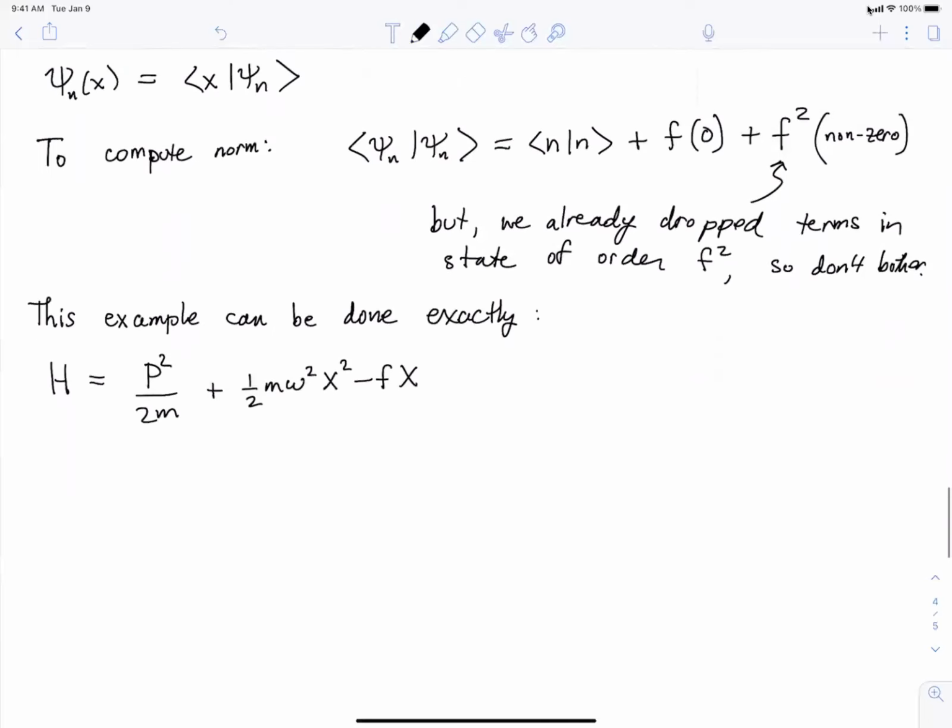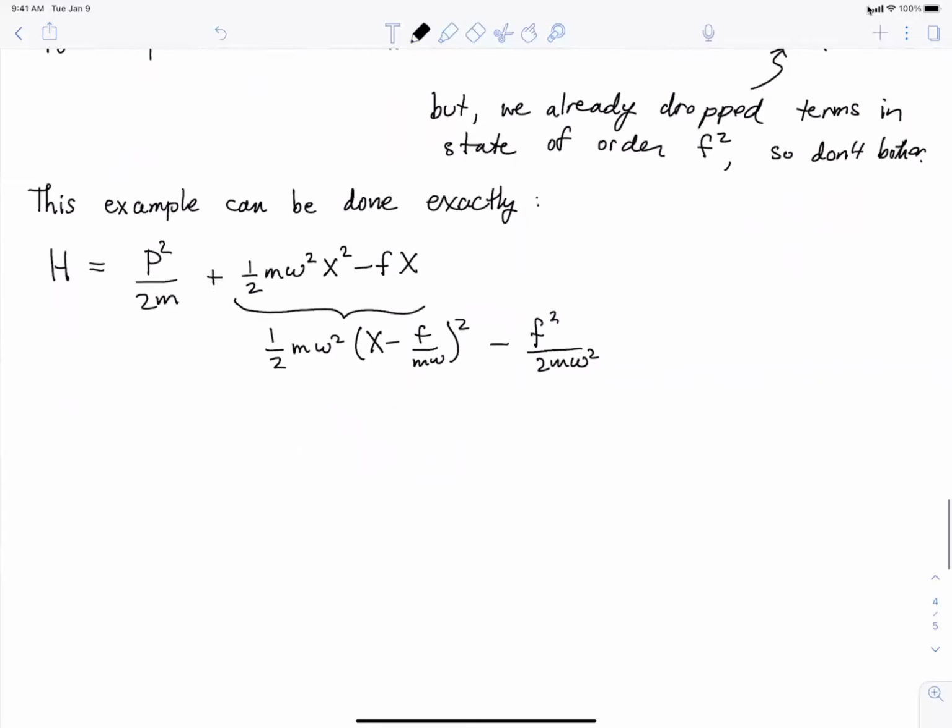Okay, and then we notice that all the terms depending on x, we can rewrite like this. So I'm doing a completing the square thing. And so when I complete the square, I have to subtract off the extra part. Okay, so I've just rewritten it.